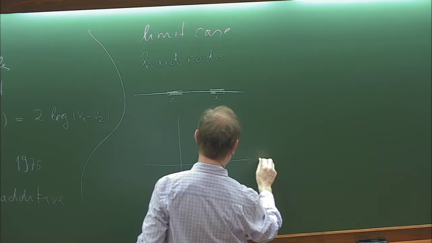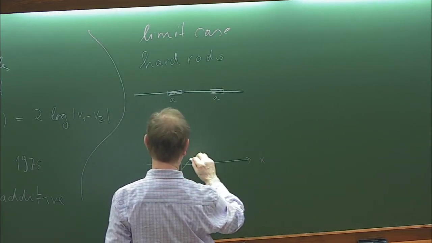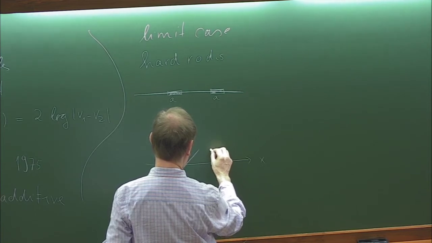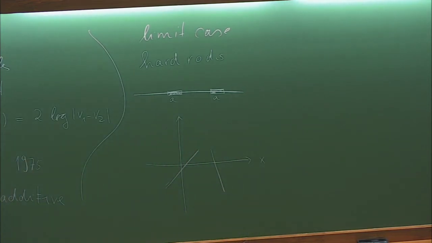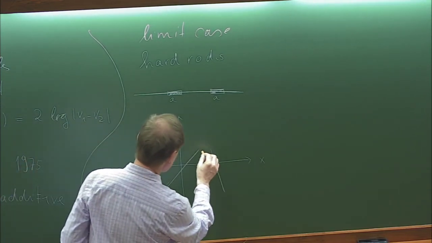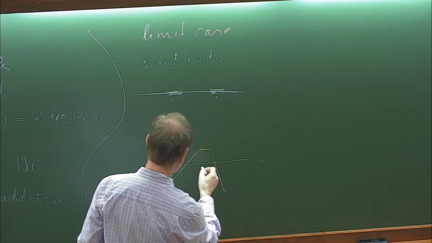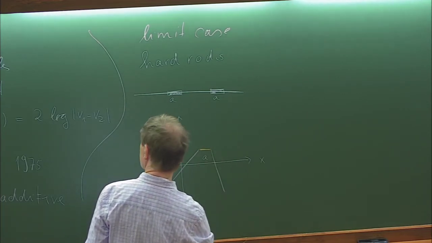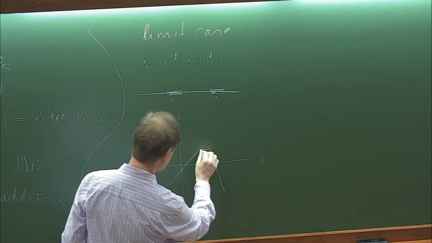So if this is x and this is t, and here I have maybe one of them coming, and then maybe the other one is coming like this. And then, of course, they move freely, but then as we reach exactly the distance a, so this is now my hard rod length a, then this one will simply jump over here, right?